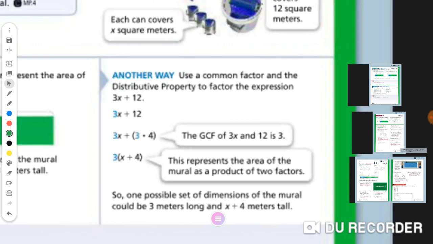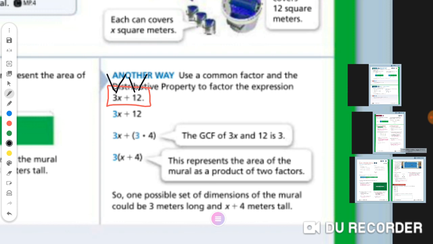Actually, using factors is the opposite of the distributive property. Now, how do we write 3x plus 12 in factored form? How can we find it? First we study the factors of 3 and the factors of 12.